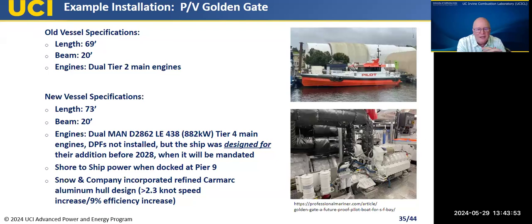With the redesign and reconfiguration, they were also able to incorporate an improved aluminum hull that gave a few knots of additional speed and also about a 10% increase in overall fuel efficiency. So it's kind of a win-win, lower emissions and improved performance. Next.